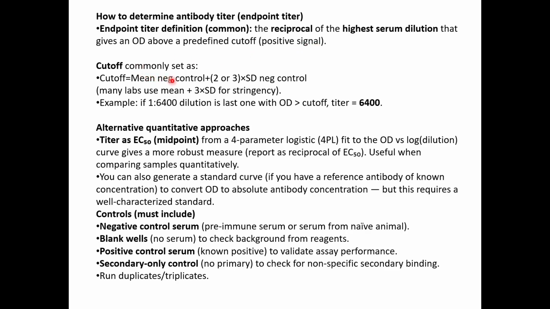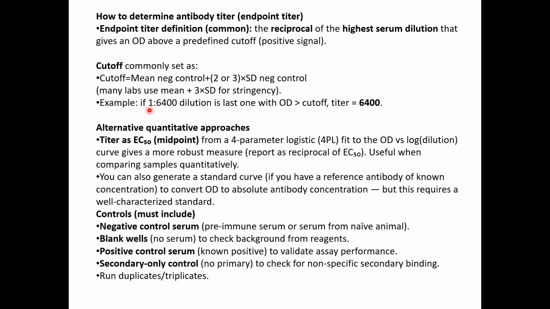Your cutoff is commonly set by this formula: the mean of the negative control plus 2 or 3 times the SD of the negative control. If you want more stringency you can go with 3, or if you are not that stringent you can go with 2.